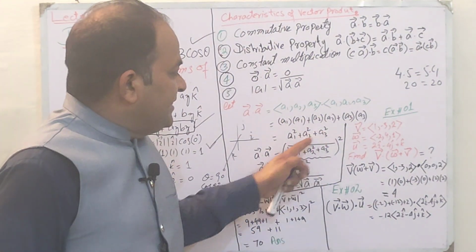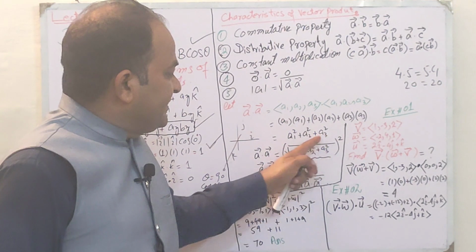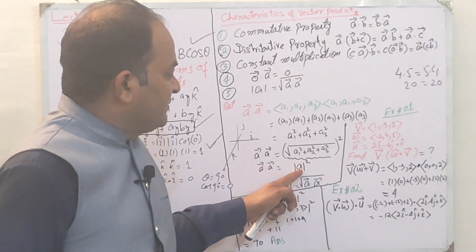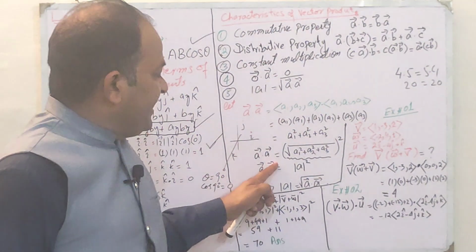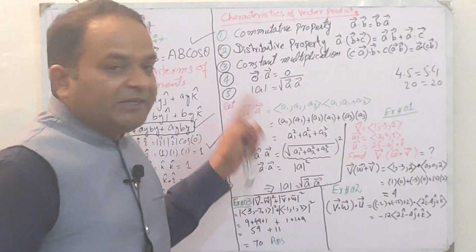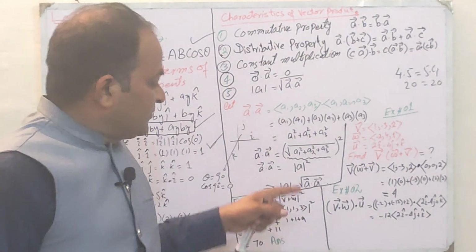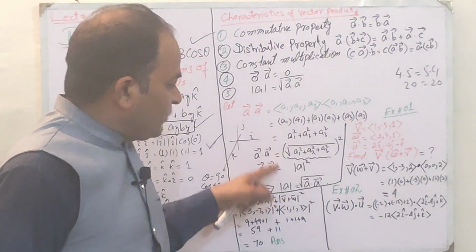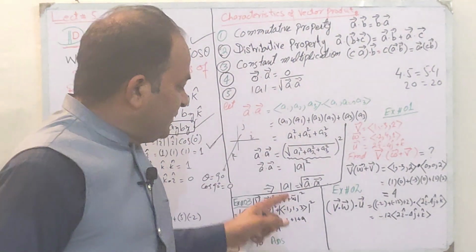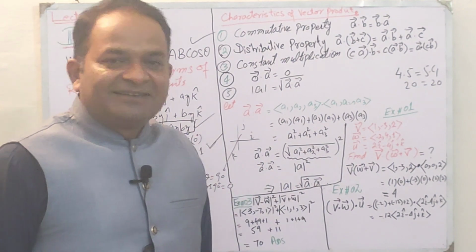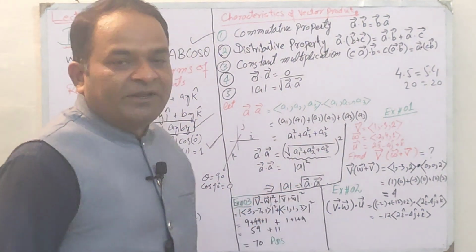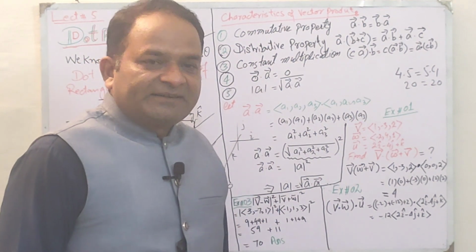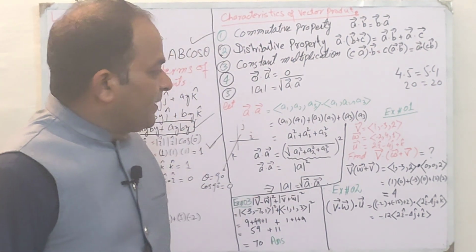So inside the bracket, this is the magnitude squared. So a vector dot a vector becomes magnitude of a square. If you take the square root on both sides, you will get the required result, that is, the magnitude of a equals the square root of a vector dot a vector.